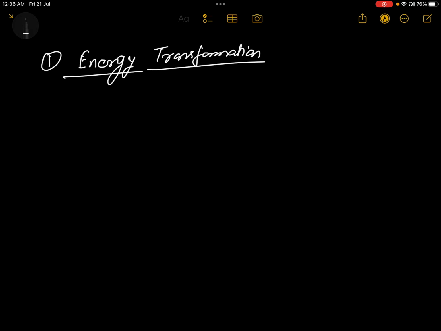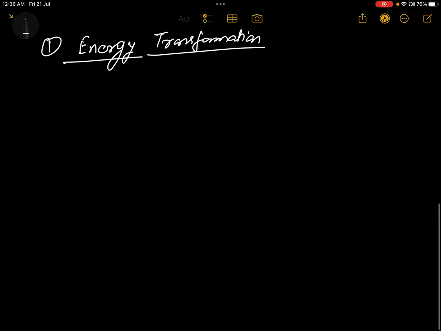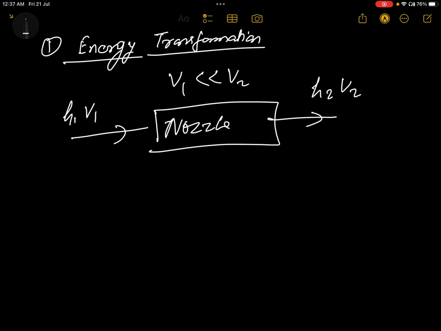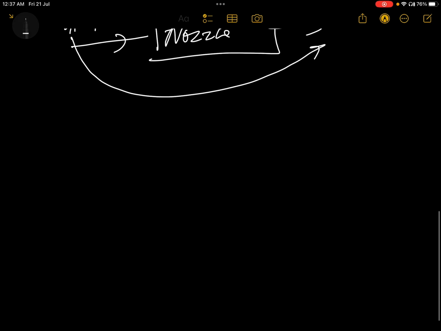That is called energy transformation. For example, we can see this in a nozzle. In a nozzle, the energy is transformed from one state, H1 V1, to another state, H2 V2, where V2 is much greater than V1. So the energy is transforming more towards kinetic energy; the enthalpy is converting into kinetic energy.